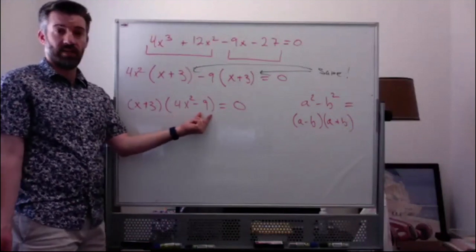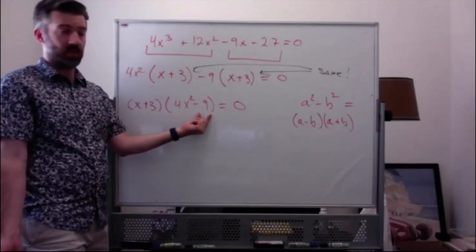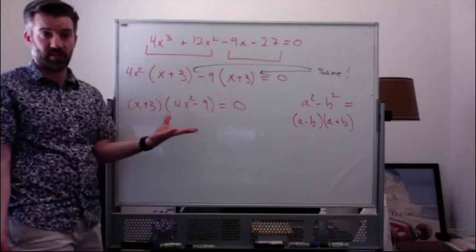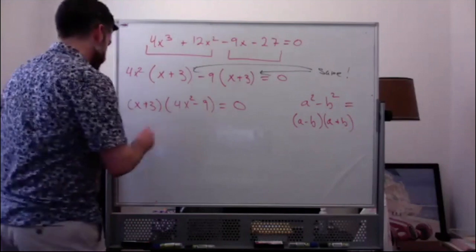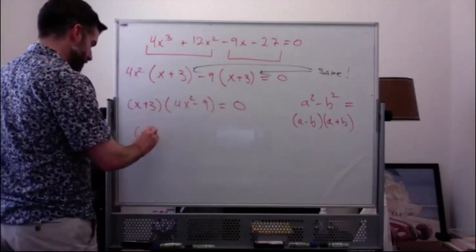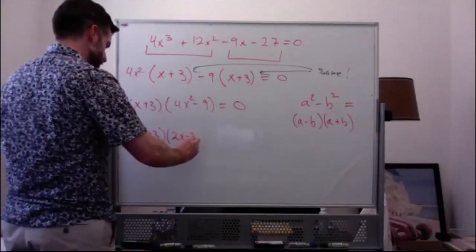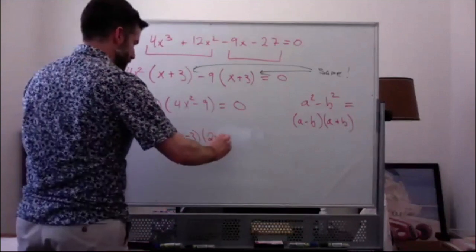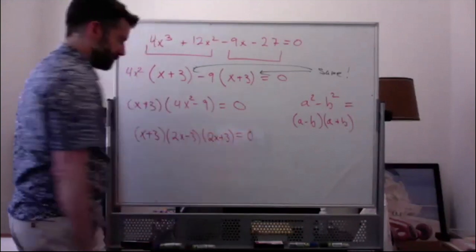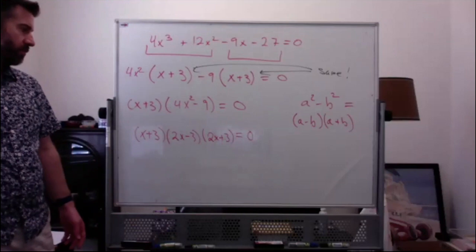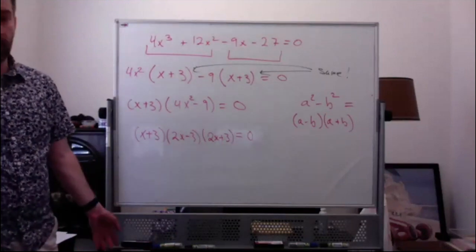This piece here is 3 quantity squared. And so this we could think of as 2x minus 3 times 2x plus 3. And so then we could set each factor equal to 0.